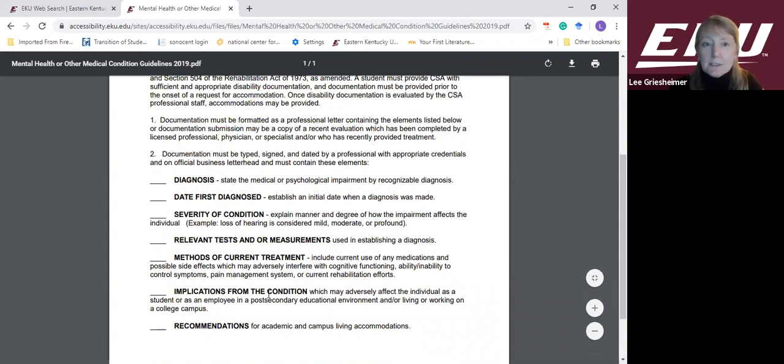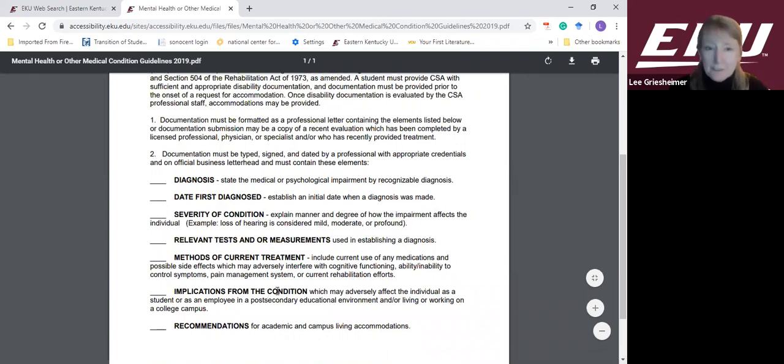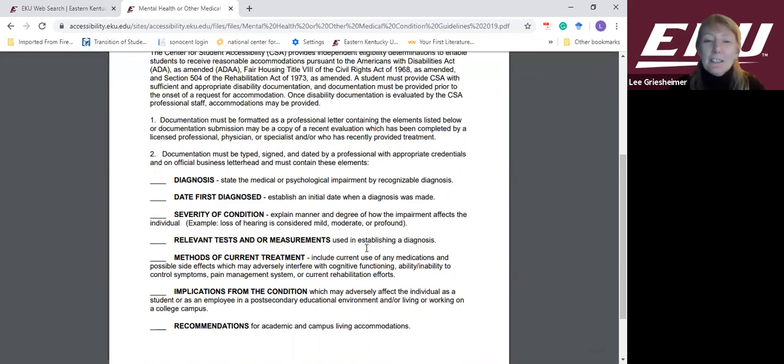We need the diagnosis, date first diagnosed, the severity of the condition, how they determined the diagnosis, what tests and measurements they used to determine the diagnosis. And most importantly, we need their recommendations and the implications from the diagnosis, especially the implications that manifest in an academic setting or in a housing setting.